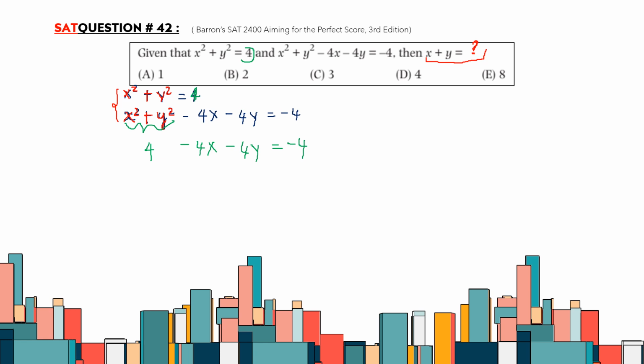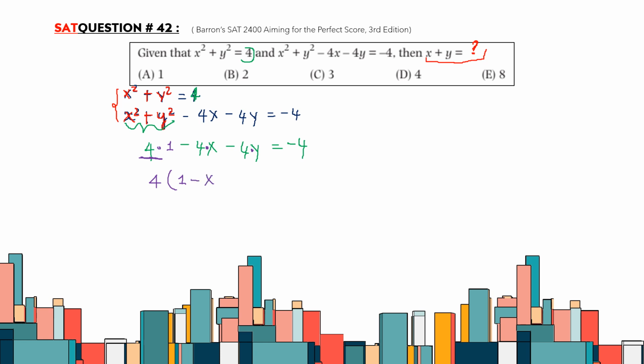So we noted that we have 4 here. The first term is 4 times 1, right? We have 4 times x here, and 4 times y here. So 4 is the common factor, so we take 4 out. 4 times 1, take 4 out, we have 1 left. Negative 4x, we take 4 out, we have minus x.